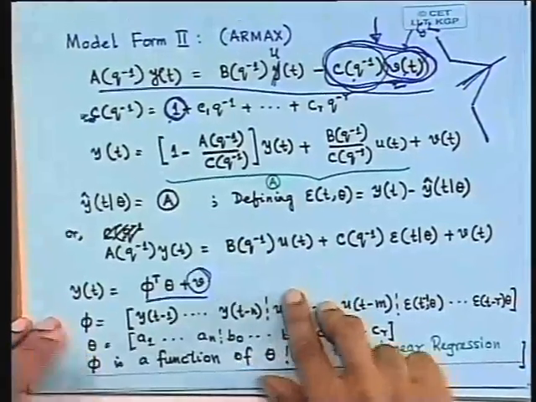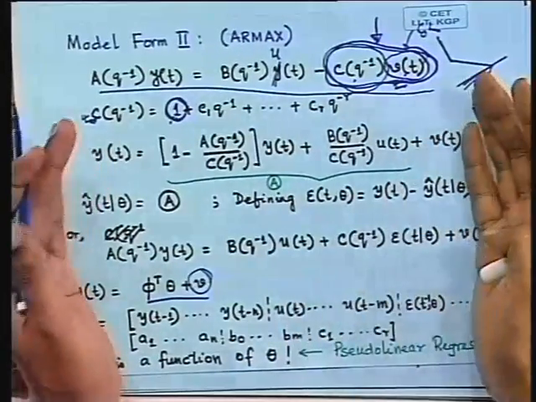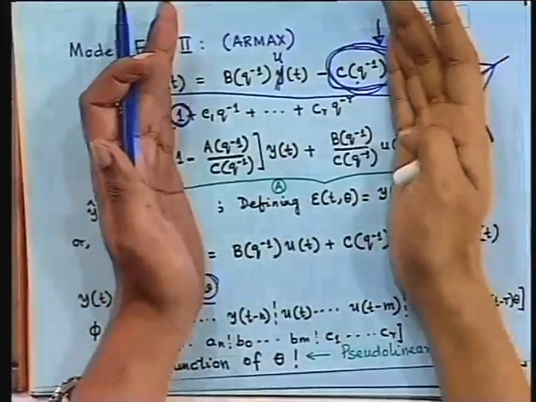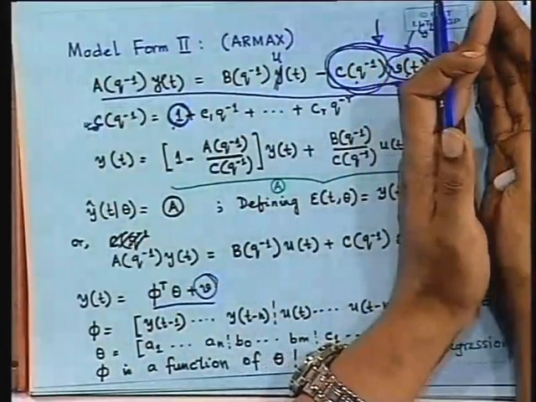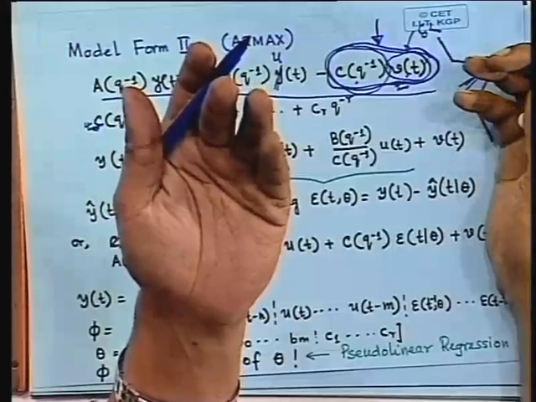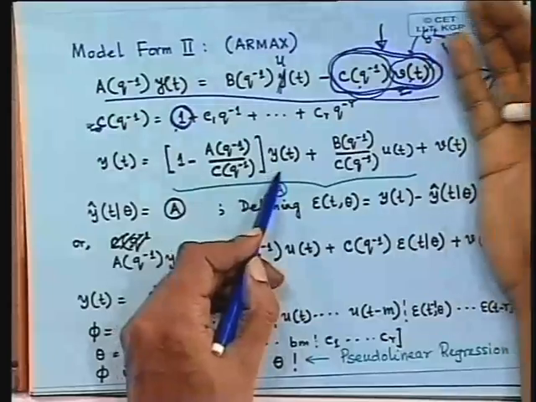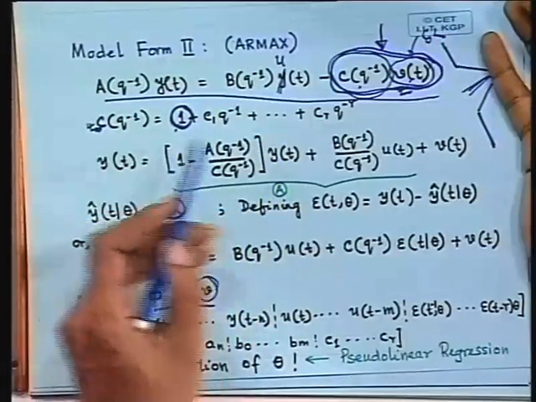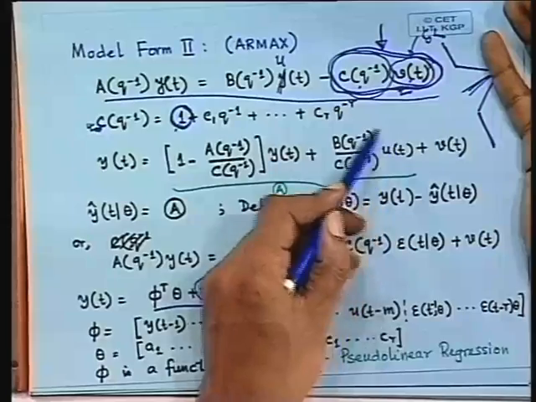By now at least this much you should know: if something is some quantity plus white, then what is its conditional estimate? Only that part, because this is a function of y t minus 1, t minus 2, so this is given and all known.